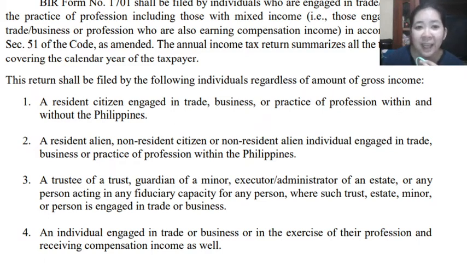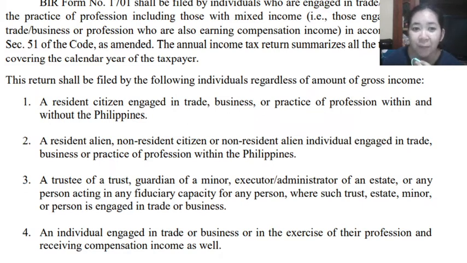Second, a resident alien, non-resident citizen or non-resident alien individual who is engaged in trade, business, or practice of their profession within the Philippines only. Number 3, a trustee of a trust, guardian of a minor, executor or administrator of an estate, or any person acting in any fiduciary capacity for any person where such trust, estate, minor, or person is engaged in trade or business.